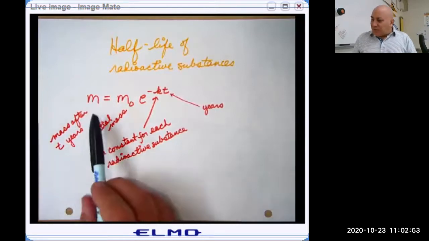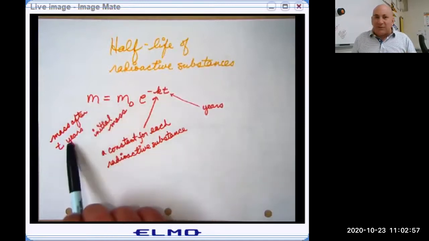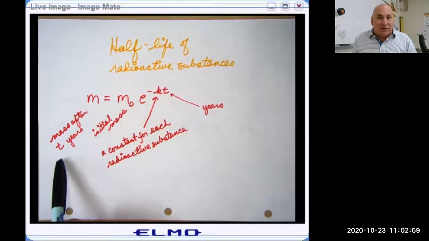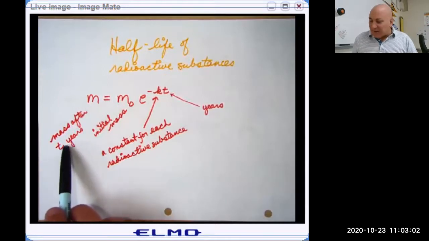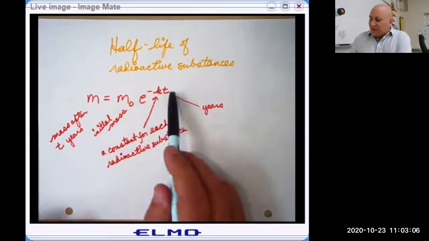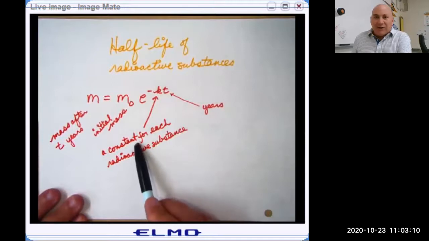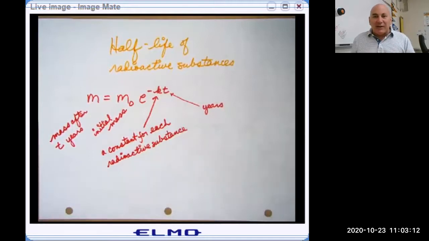So here's our formula. Here's the mass of the original material remaining after t years: here's the original mass, and this is how much it cuts down. There's a constant for every radioactive substance. Uranium has a different constant k than carbon-14 does, which has a different constant than cesium does.